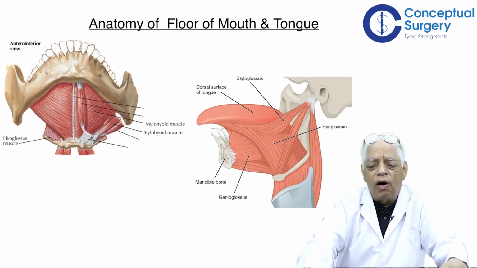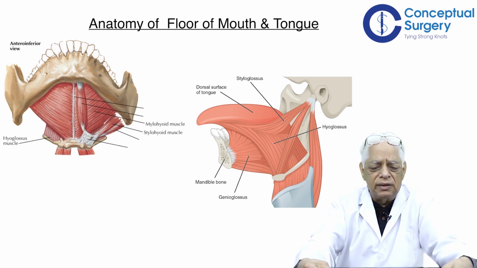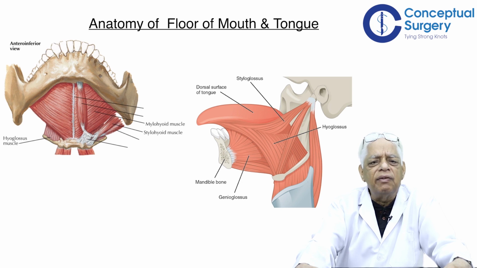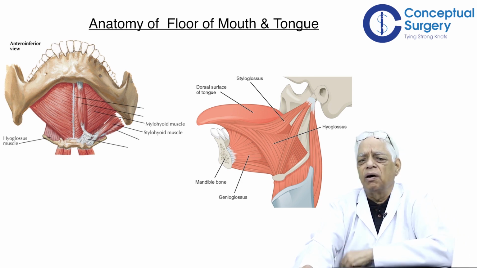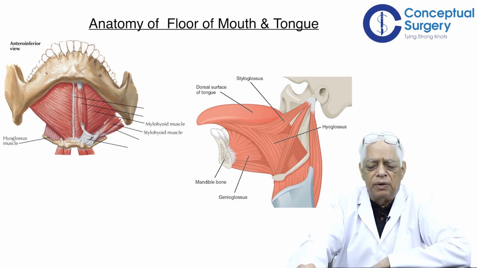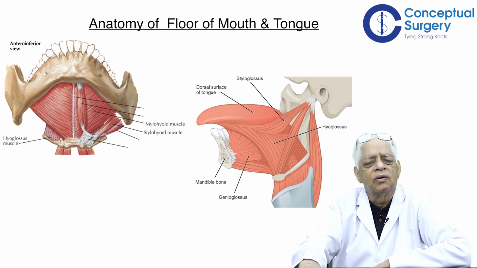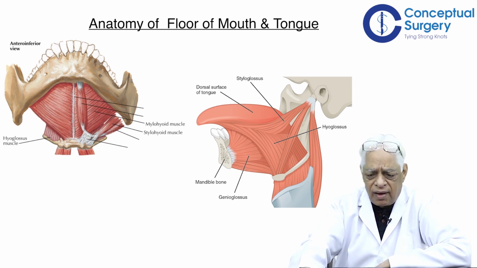Now, before we go on to the discussion of these three things, it's relevant to revise the anatomy of the head and neck, especially anatomy of oral cavity and the triangles of the neck.